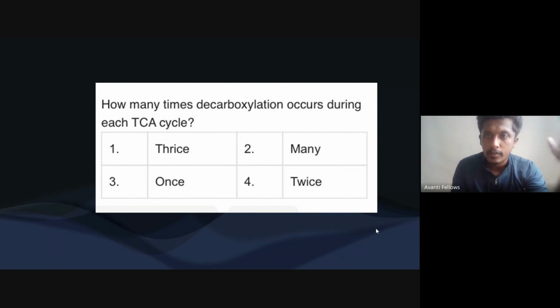What is TCA cycle? Krebs cycle. How many times did we see decarboxylation or removal of carbon dioxide taking place in the TCA cycle? Your options are twice, many, once, and then we have thrice. Try to answer this.